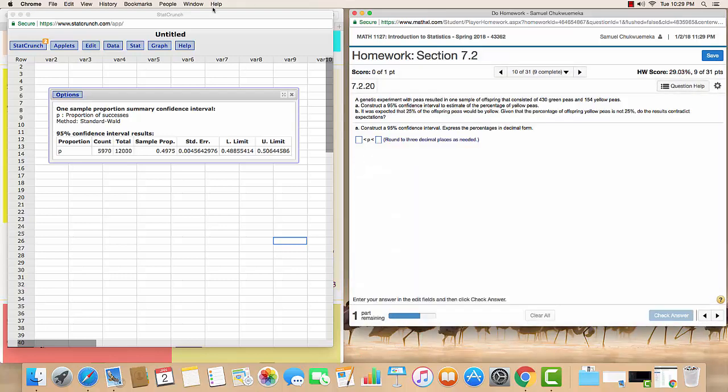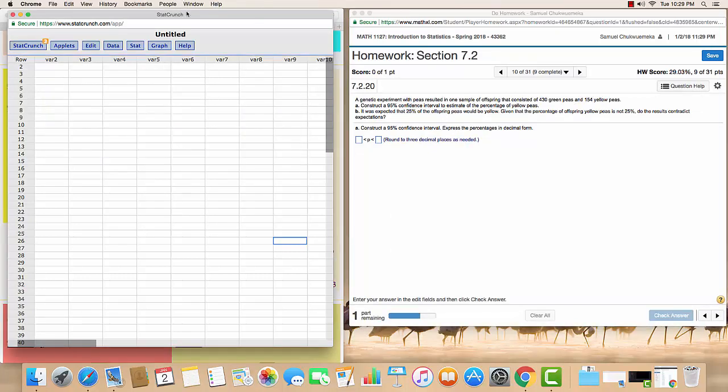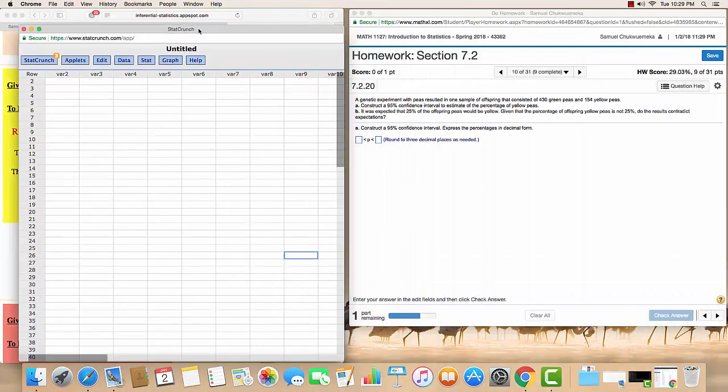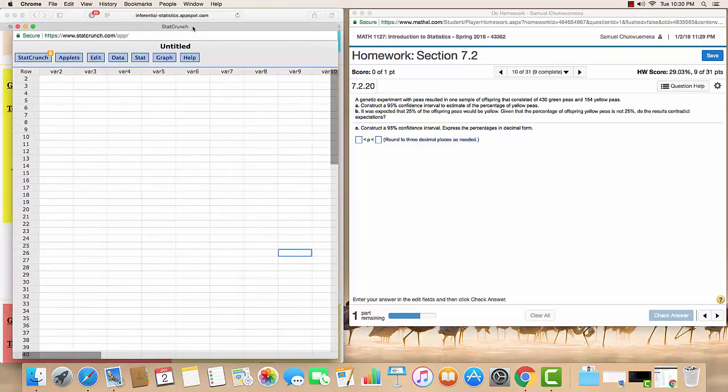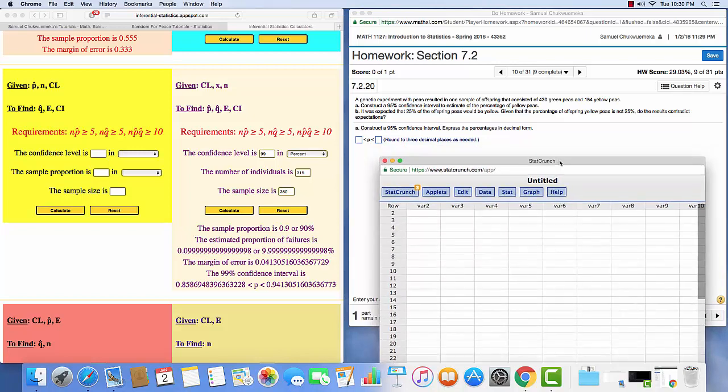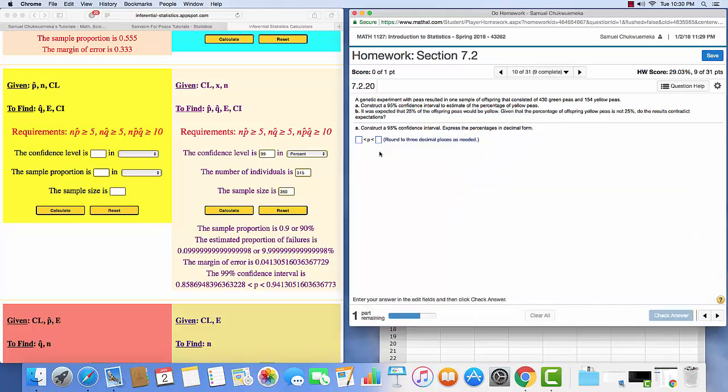Question 10, my turn. A genetic experiment with peas resulted in one sample of offspring that consisted of 430 green peas and 154 yellow peas.